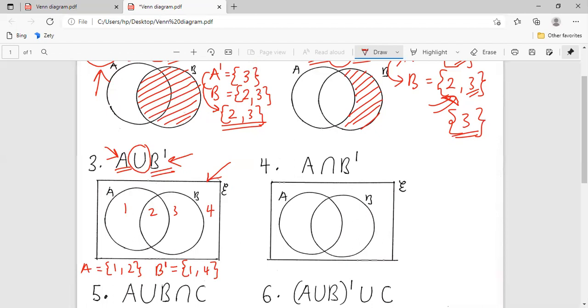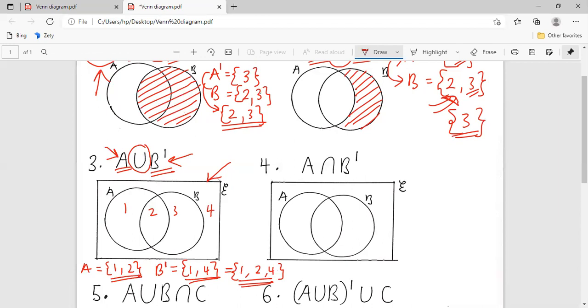Now, when you look at set A and set B complement, if you unite them, if you put them all together, we shall have 1, 2, and 4, because those are the ones which are in set A and set B complement. That means if this is the union, automatically this is where we are going to shade.